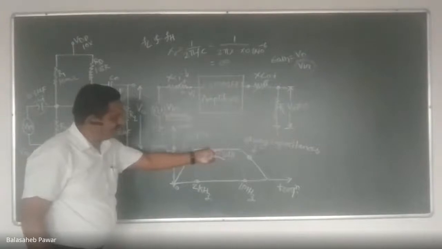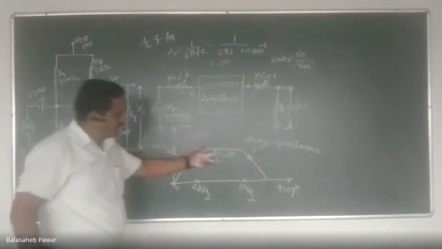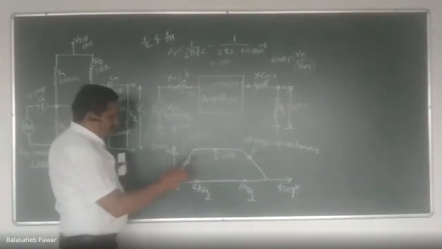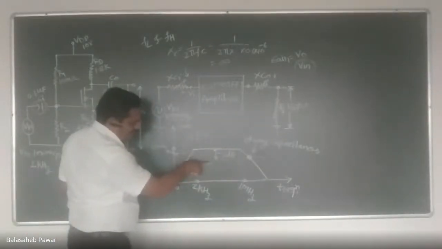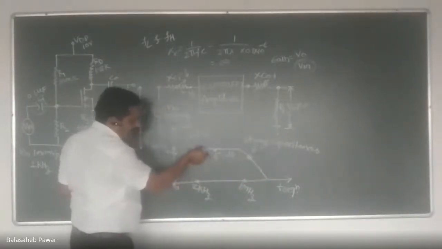Why I took this dB, or what is the significance of decibel gain, or how it is calculated, that I will also explain. But just remember here, from the maximum gain, go down by 3 dB and plot one straight line, parallel to the maximum gain line.